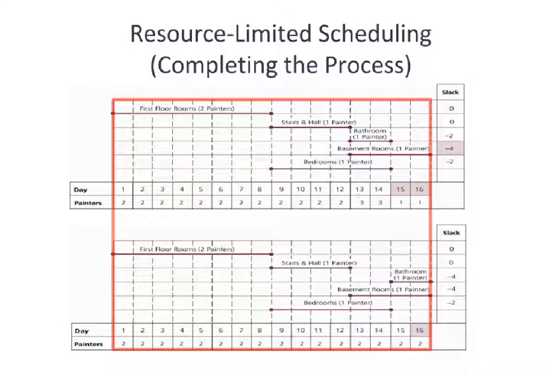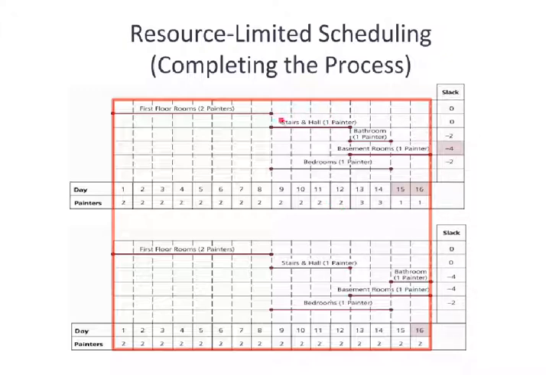Based on the earlier diagram, we still have too many painters starting day 9. We need to have only 2 painters involved. So what we are now going to do is shift the 2 items with the greatest positive slack, and we're going to shift those over until starting day 13 in order to limit days 9, 10, 11, and 12 to only 2 painters.